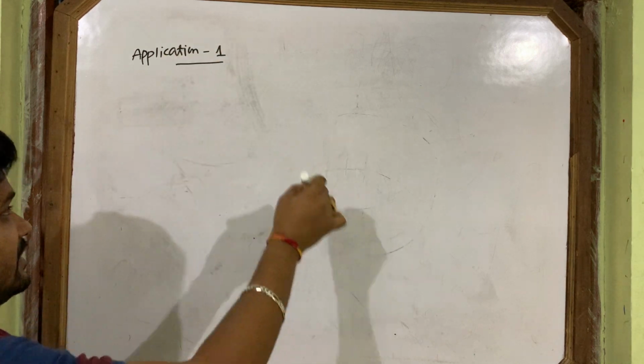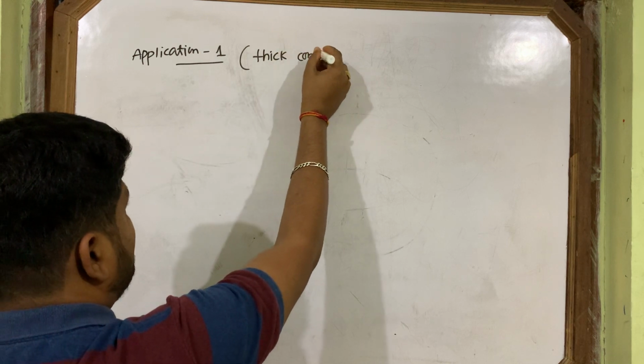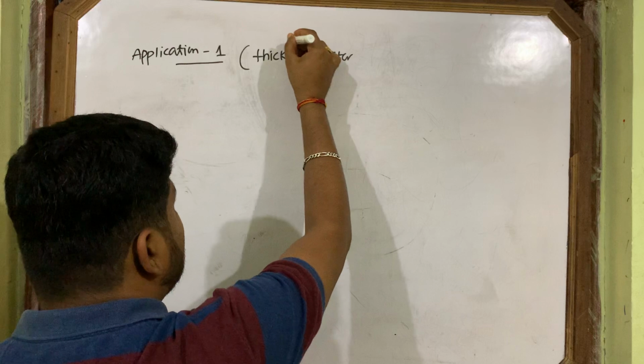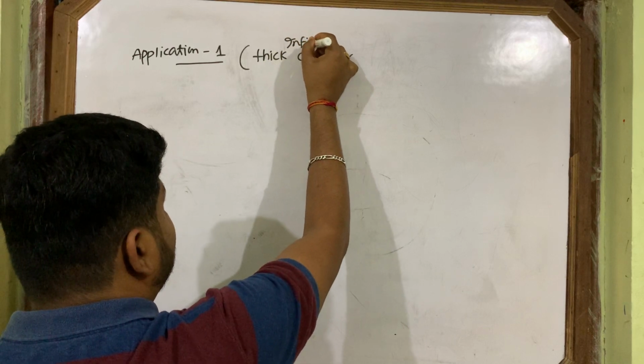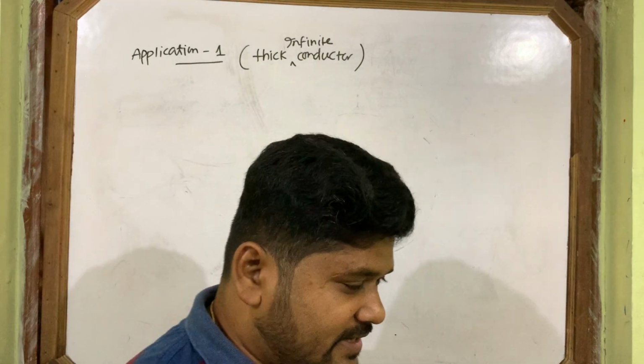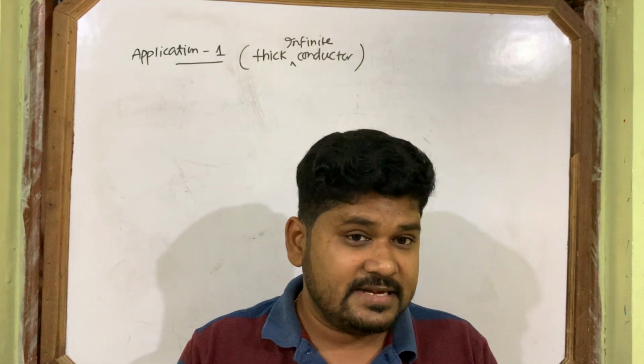Application 1. It's a thick conductor. Thick infinite conductor. Length is infinite. Thick infinite conductor means its thickness matters, its radius matters.